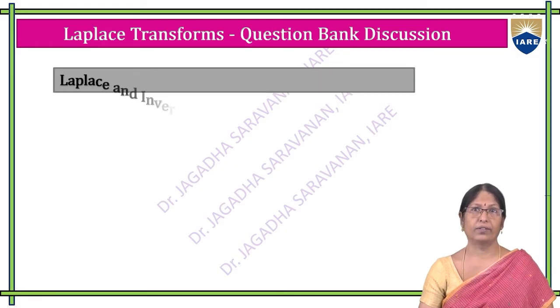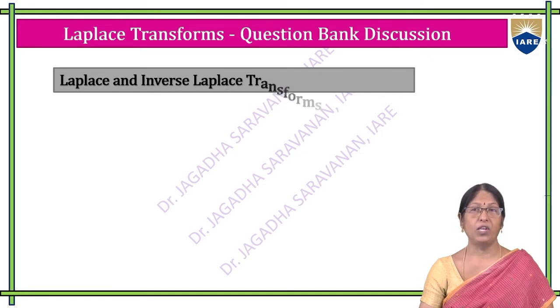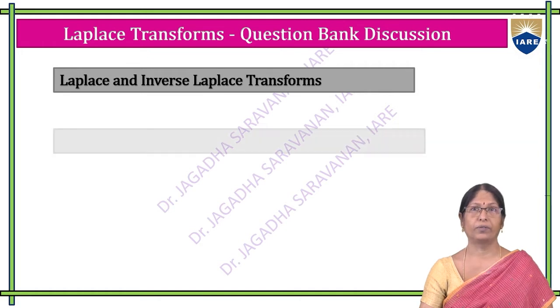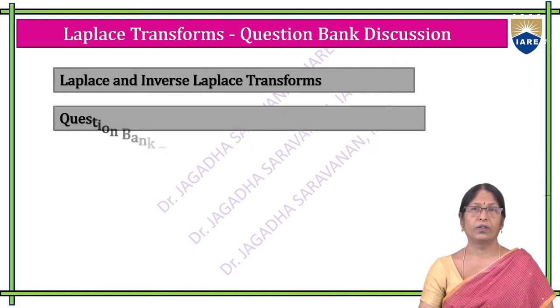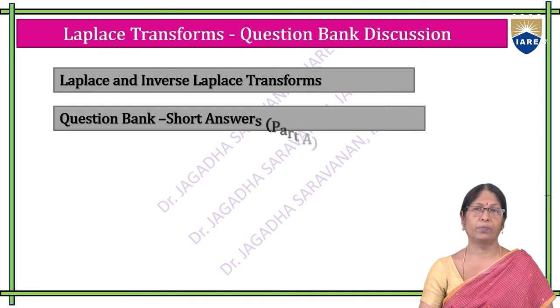First we will discuss Laplace and inverse Laplace transform, regarding this module 1, which is in the question bank system. Nearly 50 questions we are going to discuss. The question bank system is divided into 3 parts.